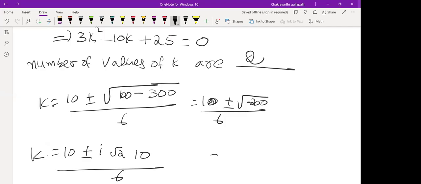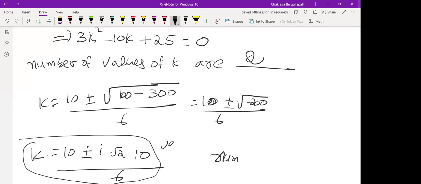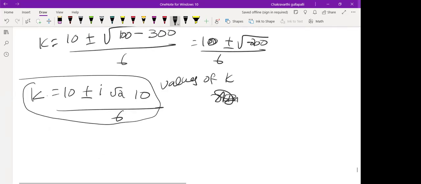So how many real K? These are the values of K. How many values? 2. Number of real values of K are 0.